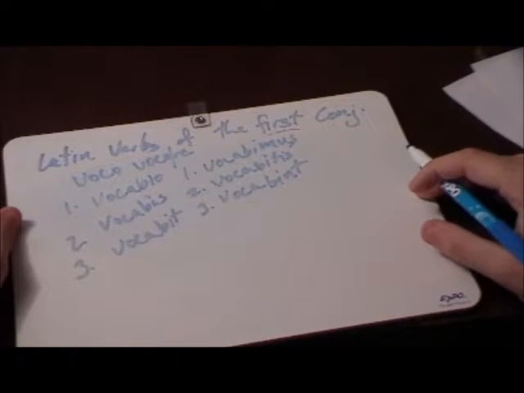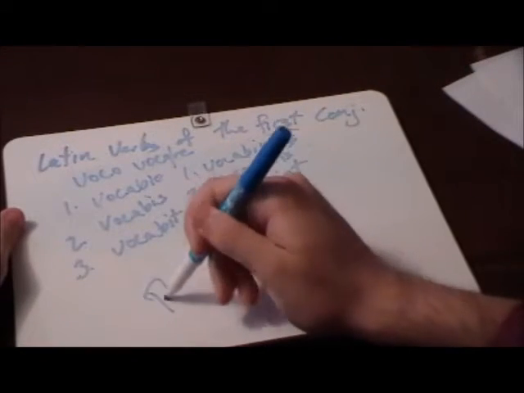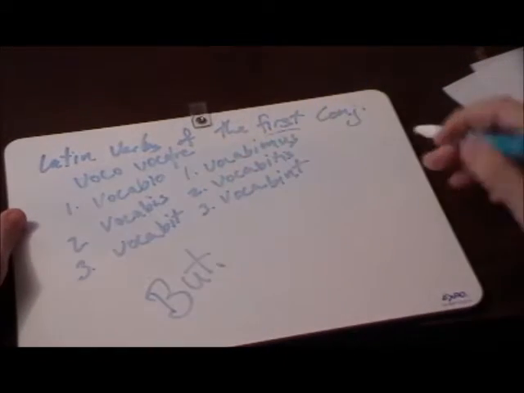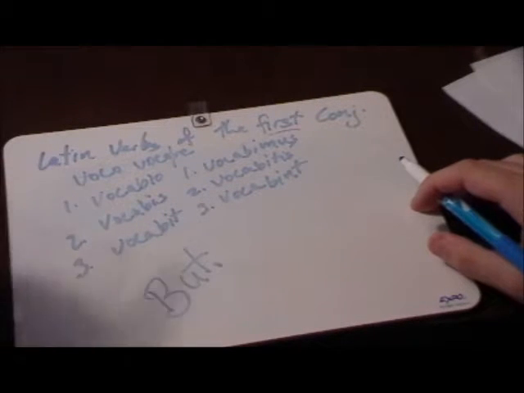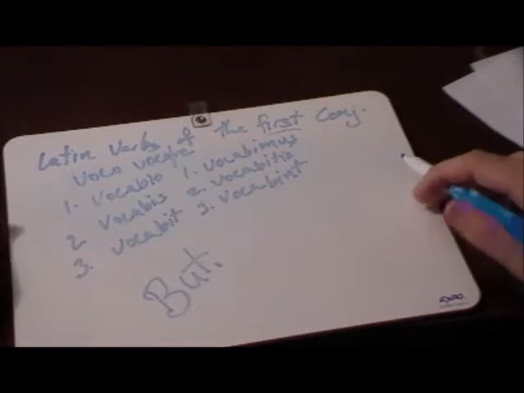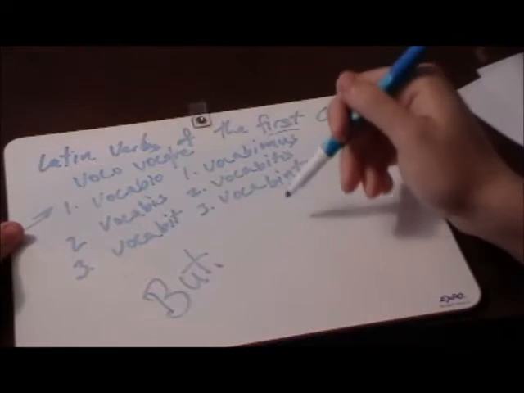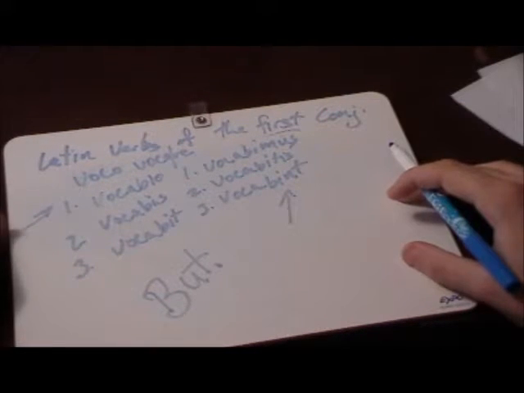But there's one important factor. So this is a big but. One important factor. In the future tense, there are two spelling changes that are not in the imperfect tense or not in the present tense. And they occur in the first singular and the third plural.